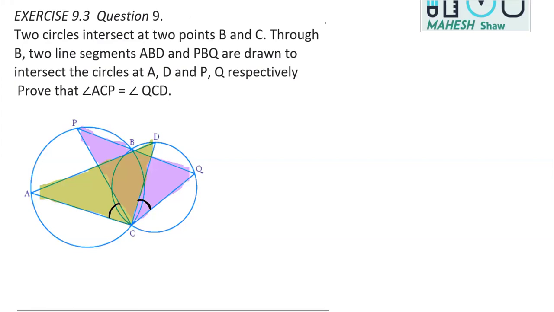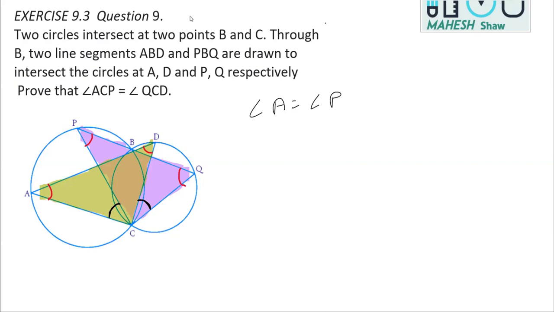Now what you can see is that angle A is equal to angle P, right? That's from the property called angles on the same segment. I can write angle A is equal to angle P. And likewise, I can also say that angle D is equal to angle Q, right?